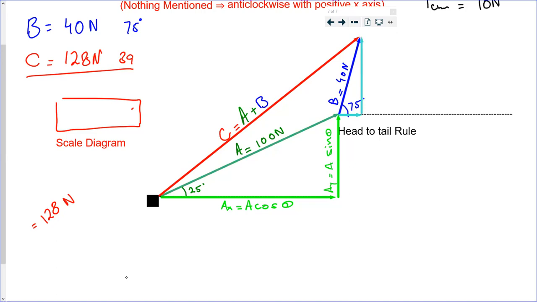Good, Tanya. That's the right answer. Similarly, work out the value of ay, then bx and by.